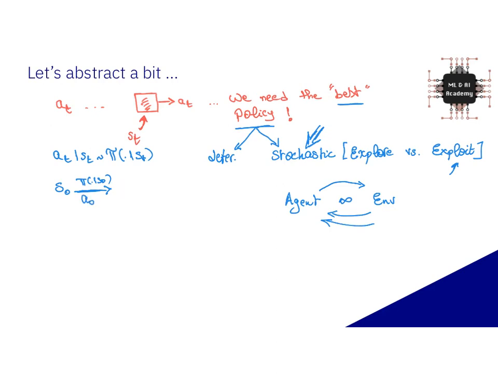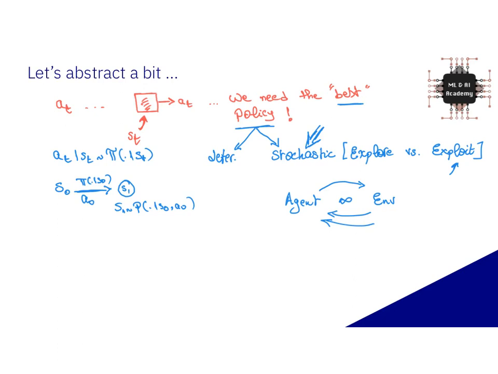Then this takes me to some new state S1, which, as you recall, comes from the transition model given S0, A0.